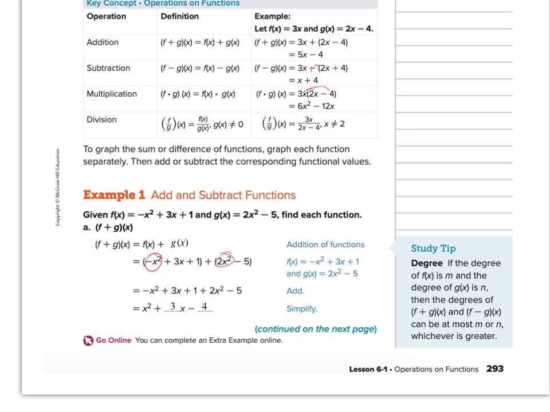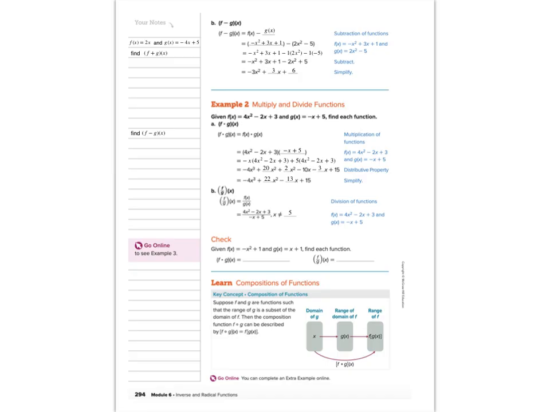The first thing they did was drop the parentheses because there's nothing to distribute. Then 2x squared minus x squared is going to be x squared. Then we have 3x, and then we have negative 5 plus 1 is negative 4. So that is getting to that expression. So that is addition. There's nothing more to add there.